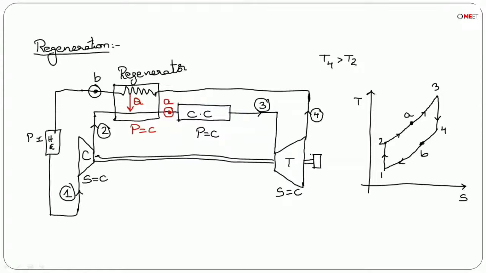So the pressure ratio will be P2 by P1 or P3 by P4, because process 2 to 3 is constant pressure and process 4 to 1 is also constant pressure. In the heat exchanger and everywhere the pressure is kept constant.